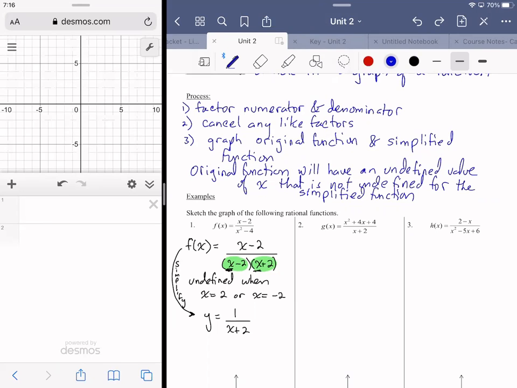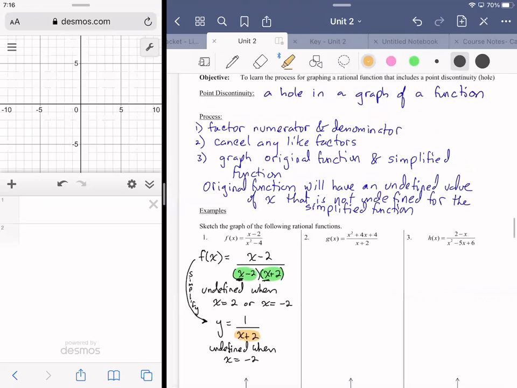So now this function is only undefined when x is equal to -2, based off that denominator.